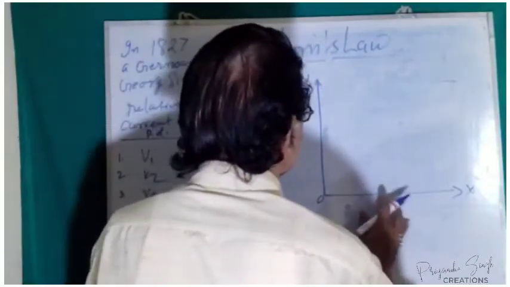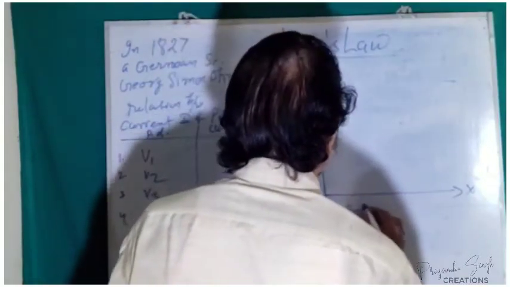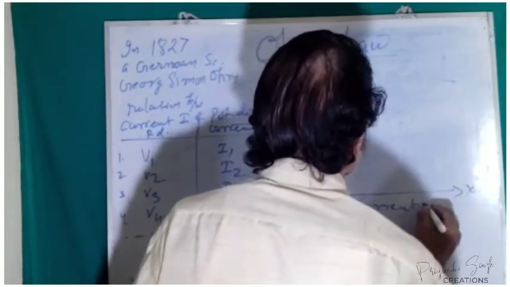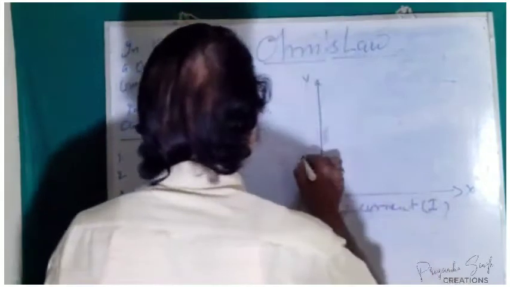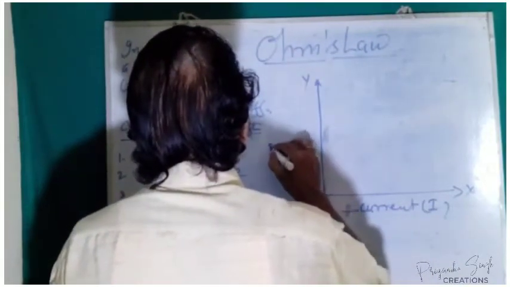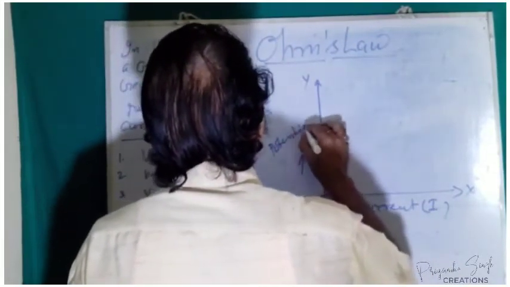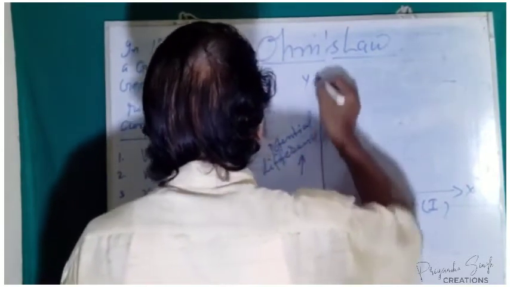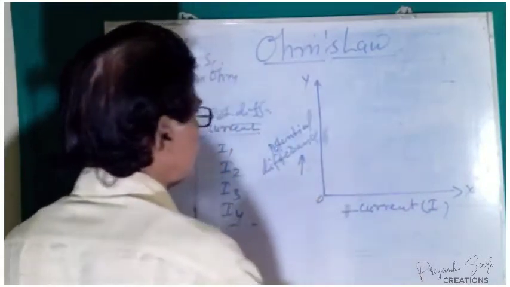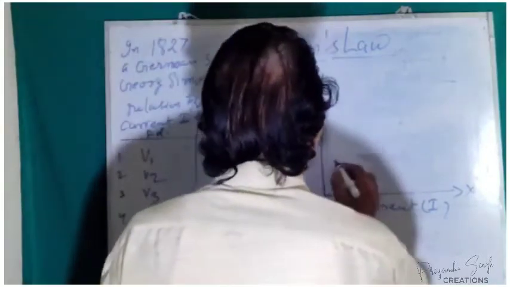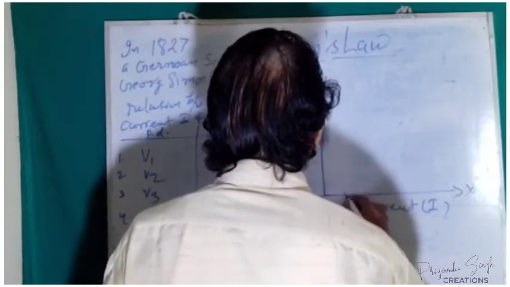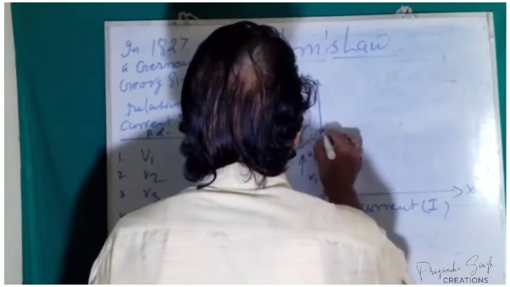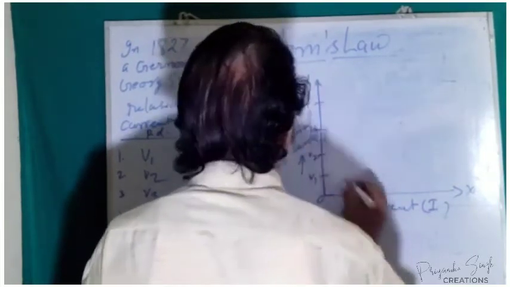If we take current I on the x-axis and potential difference on the y-axis, we observe that suppose potential is V1, V2, V3, V4, and so on.